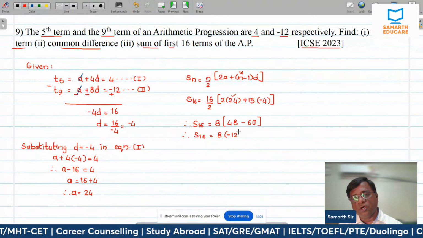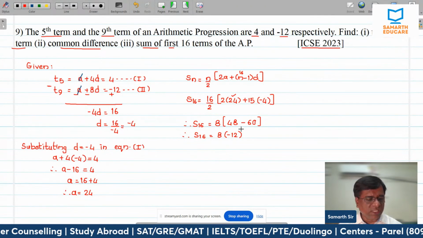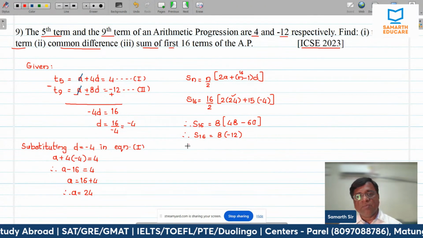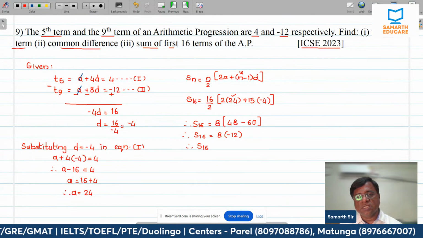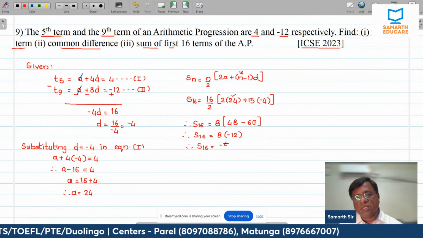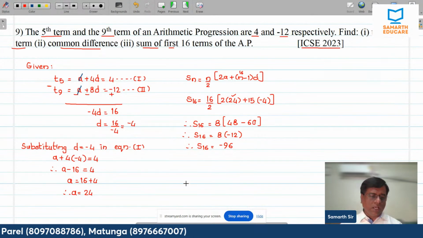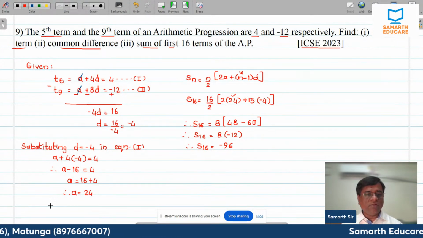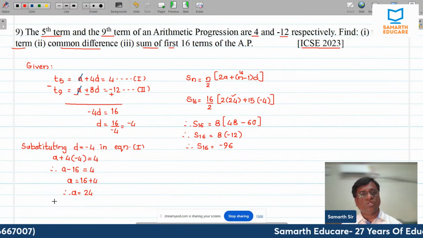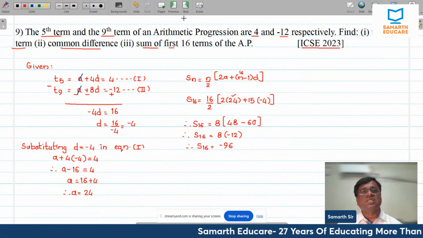Minus 12 hoga because of the minus sign of 60, right? But now that means S16 is minus 96. All right. Again, don't forget to write the final answer. What is first term, what is common difference, and what is sum of 16 terms.